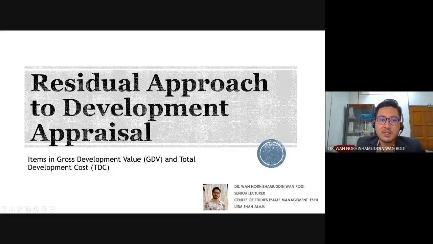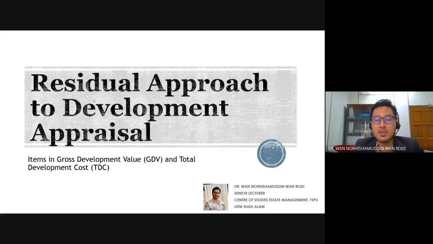Okay, now as far as concerned, when we conduct the development appraisal for a development project, one of the very crucial tasks that we need to do is finding out the items in GDV and gross development cost or total development cost. Why? It is because the GDV and total development cost will determine our levels of profit.